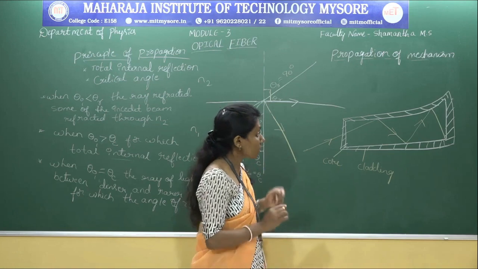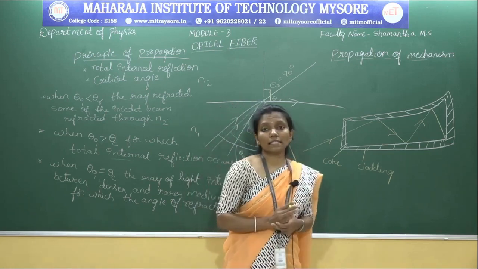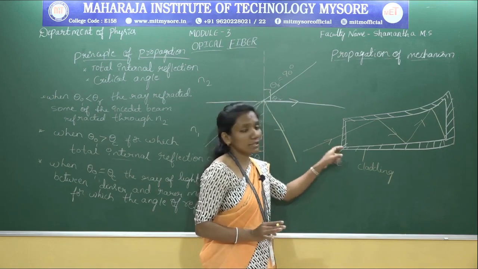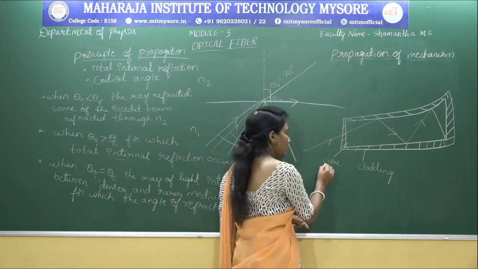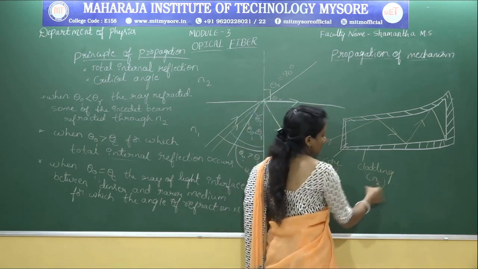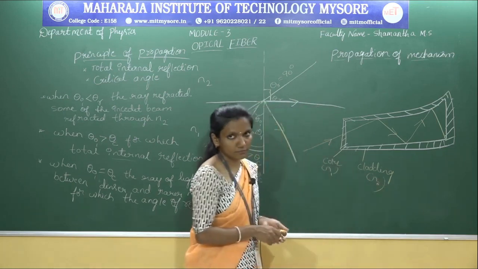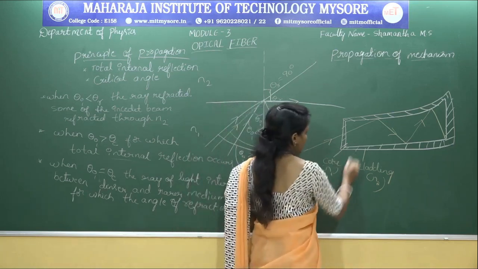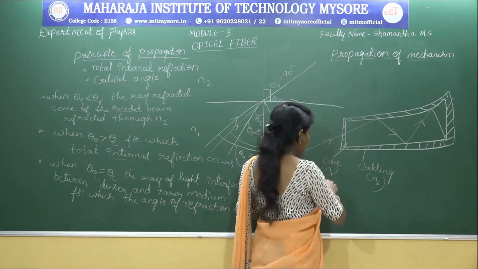So, to obtain total internal reflection, the refractive index of the core must be greater than the refractive index of the cladding. So, here, for this propagation mechanism, what is the condition?